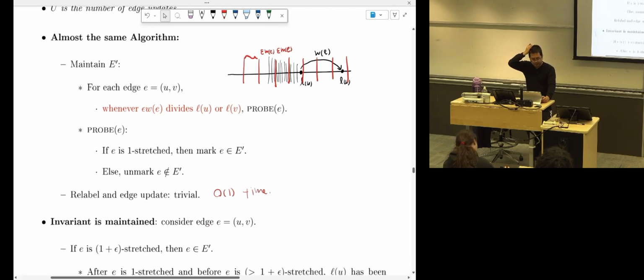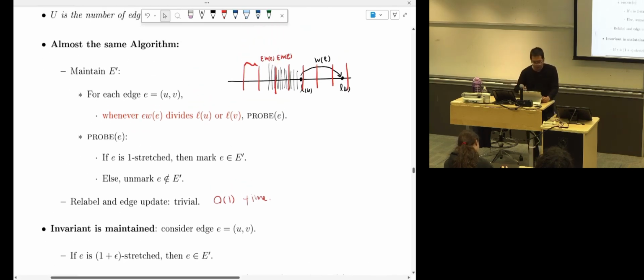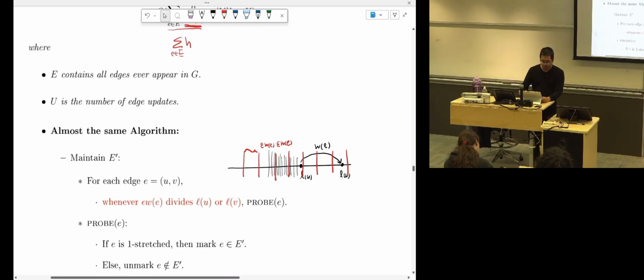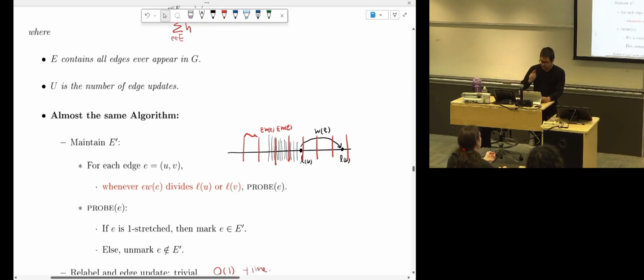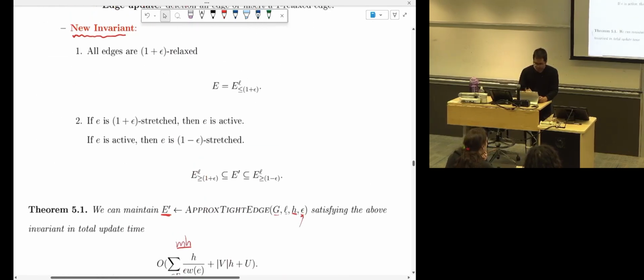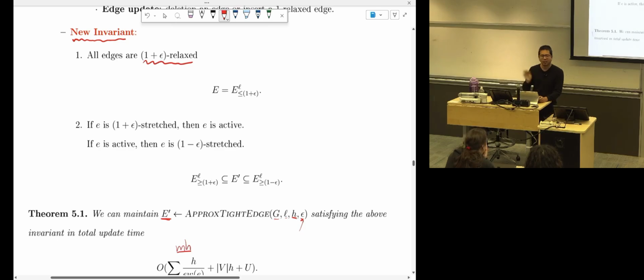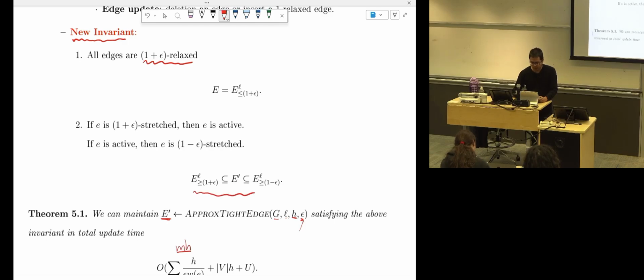All right. So let's see that this invariant is maintained first before we analyze the running time. The invariant is that everything remains almost relaxed, 1 plus epsilon relaxed. And another is that if it's stretched, then it's active.